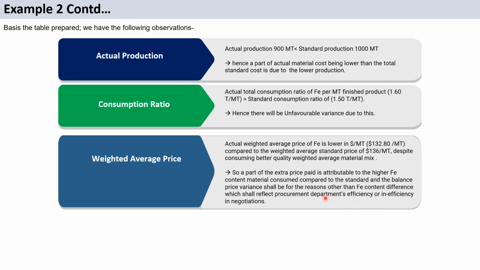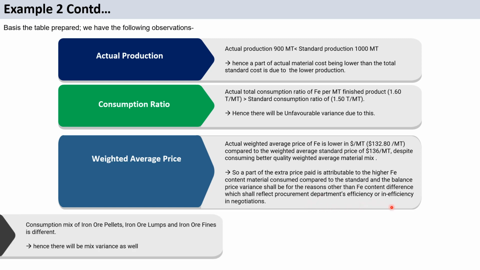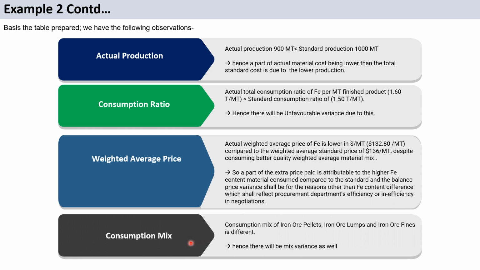And this will be reflected by the procurement department's efficiency or inefficiency in negotiations. The next variance will be consumption mix. The consumption mix of iron ore pellets, lumps, and fines is also different. Hence, there will be a mix variance.